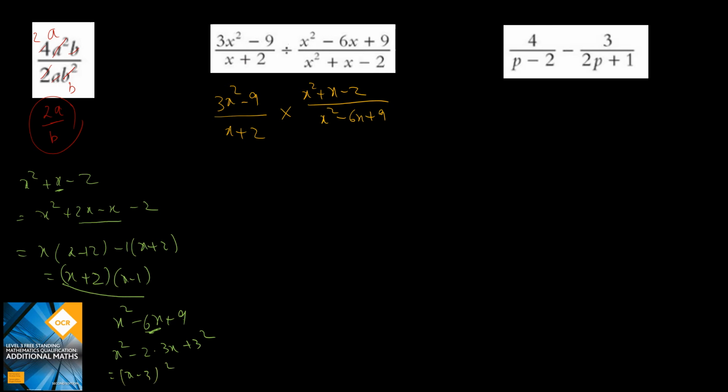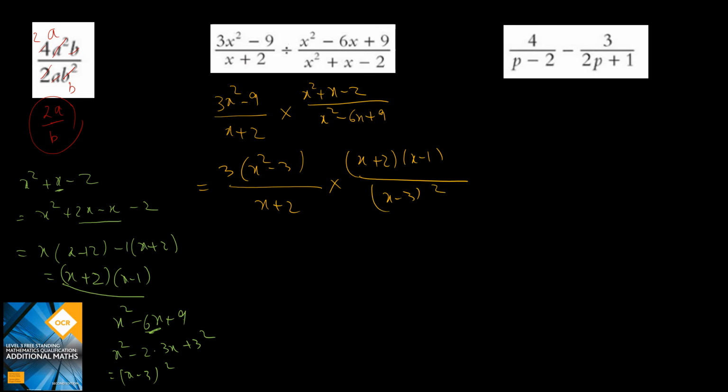To rewrite this expression, we write 3 times x squared minus 3 over x plus 2, times x plus 2 times x minus 1, and the whole thing over x minus 3 whole squared.